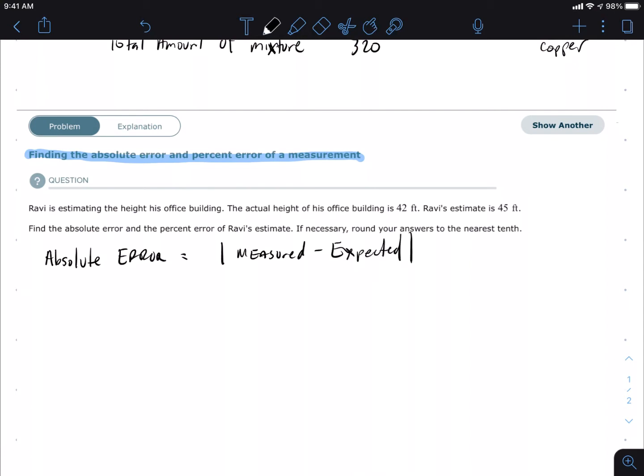Okay, and so the way we can do this is the measured will be his estimate, which was 45, minus what it should be, 42. And so his error was 3. So the absolute error is going to be 3 feet. Are we okay with that?